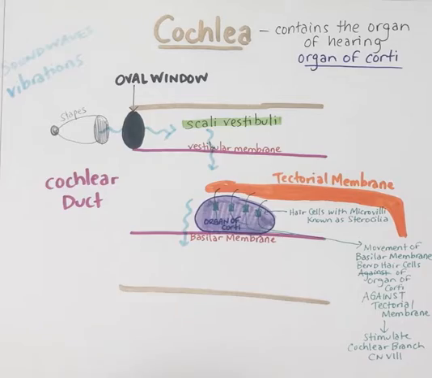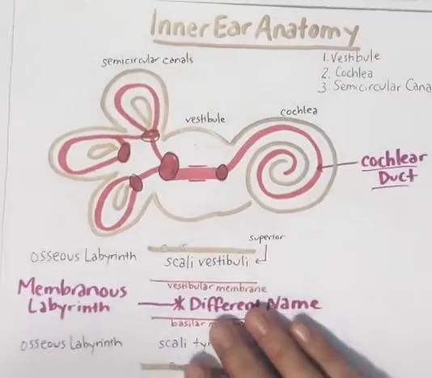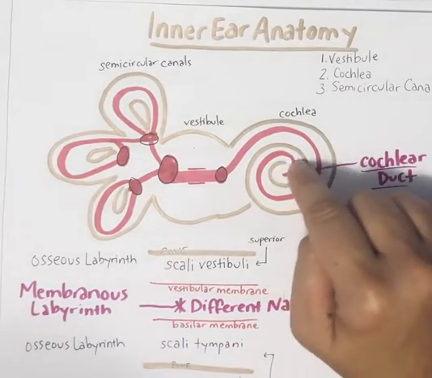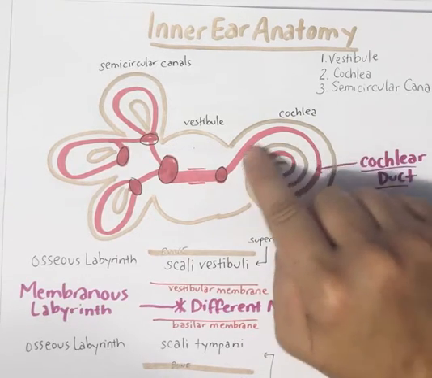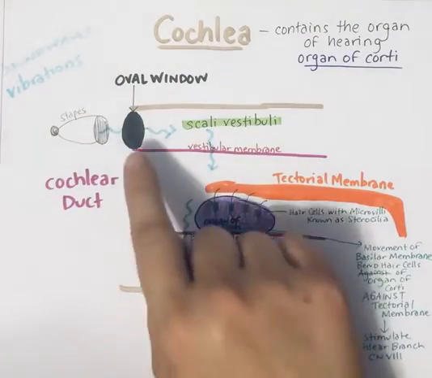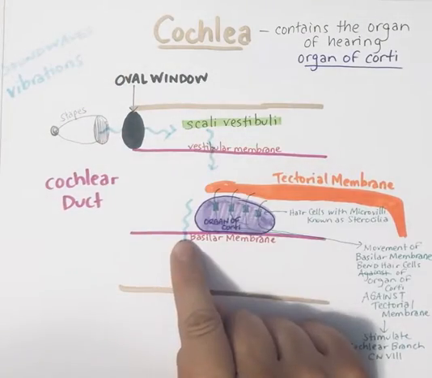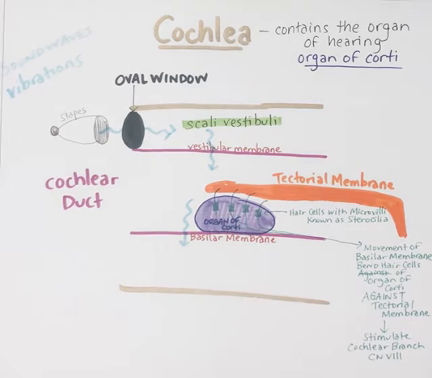Now, as sound waves travel, sound waves can go all the way up to the apex. They'll go through the membranous labyrinth, and then they have to have a way to exit. So sound waves and auditory transduction stops here, but sound waves need a way to exit.